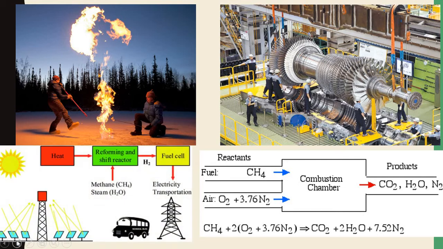Methane and ethane are also used for transportation purposes. Natural gas may be liquefied by applying pressure and cooling it, also known as LNG. Diba meron tayong LPG, but LPG means liquefied petroleum gas, while LNG means liquid natural gas.